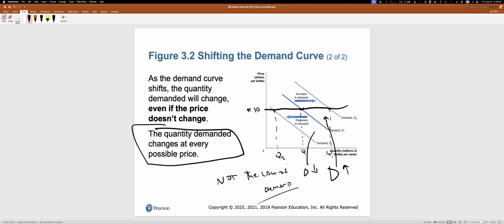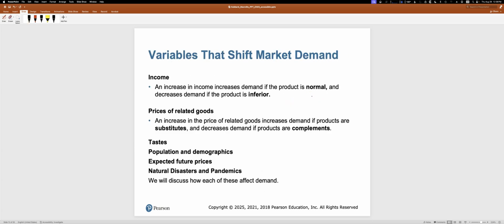But we can see that the quantity is lower at each and every price here, and that the quantity is higher at each and every price here. So what are those other things? Those other things would be income, prices of related goods, tastes, population demographics, expected future prices, natural disasters.